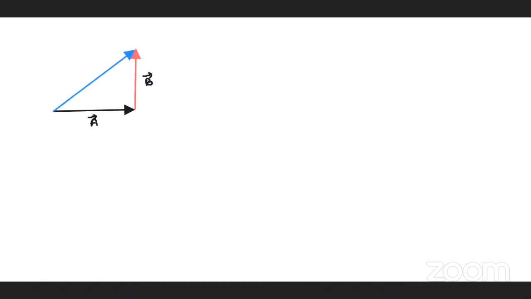Keep in mind this is the eastwards direction, this is east, and this is north, in geographic terms. The addition a bar plus b bar looks to be between north and east, but not perfectly northeast.